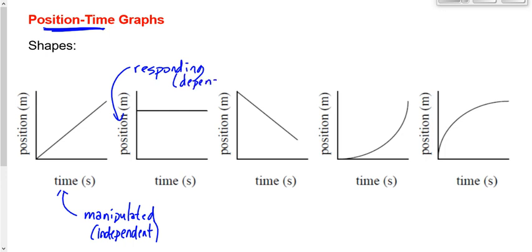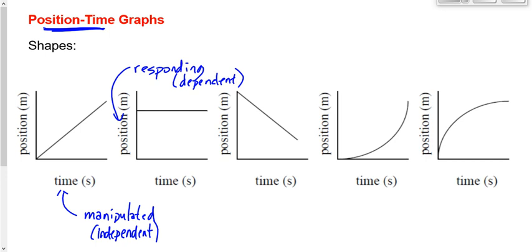This is the last time that I'll use those terms, independent and dependent variable. We're always going to talk about them as manipulated and responding variable. So any graph has the manipulated variable on the x-axis, any graph has the responding variable on the y-axis, and any graph is titled y-axis versus x-axis, or in this case, position versus time.